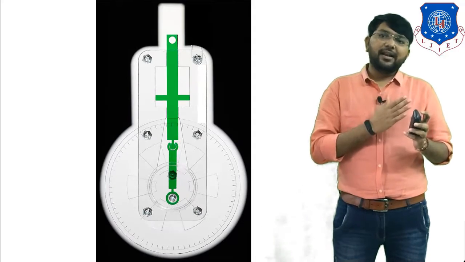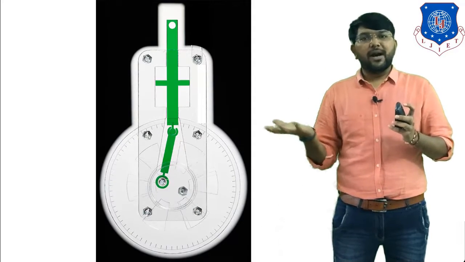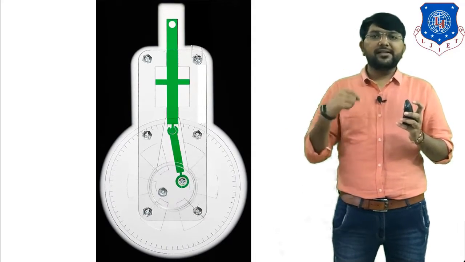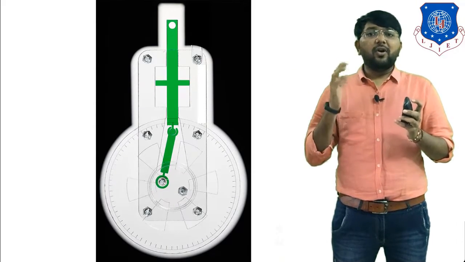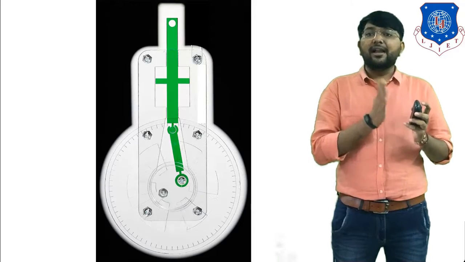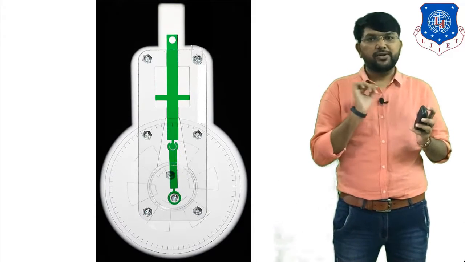So first of all we have to understand what a flywheel is and where it is mounted. The flywheel is mounted at the end of the crankshaft. Clear? And the flywheel has some mass, so due to inertia force, the flywheel gains some kinetic energy. Clear? The flywheel gains energy at the third stroke, that is the power stroke.